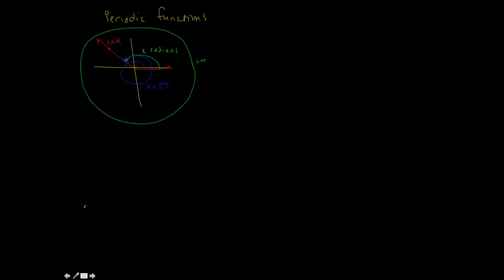Here's what we can say from that: b equals sine x equals the sine of x plus 2 pi, because those will have the exact same point on their terminal side. A equals cosine x, same thing, the cosine of x plus 2 pi. We'll get more into periodic functions later, but this is just a general rule.